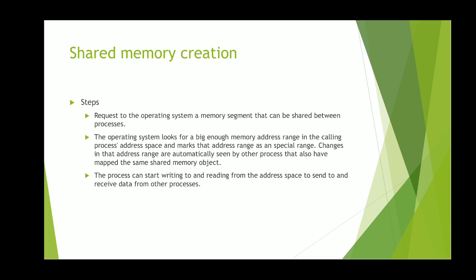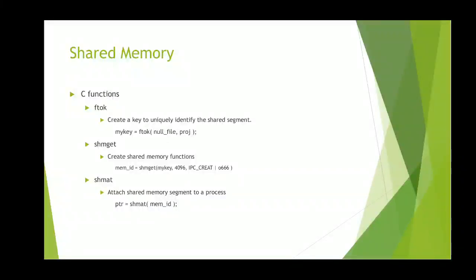Now we can go through the various functions used for shared memory creation. The first function is the ftok function, and this ftok function will give a unique key which can be used for the creation of the shared memory segment.